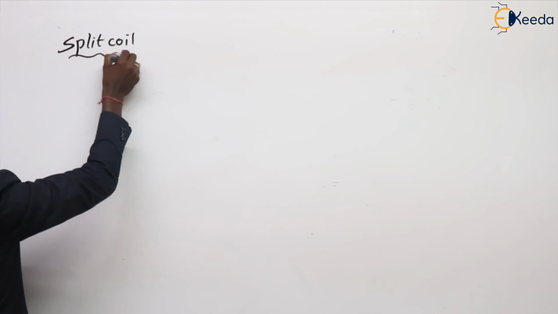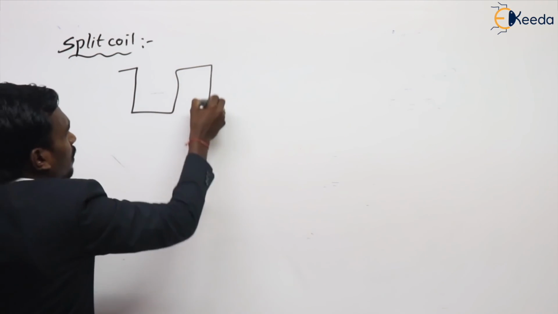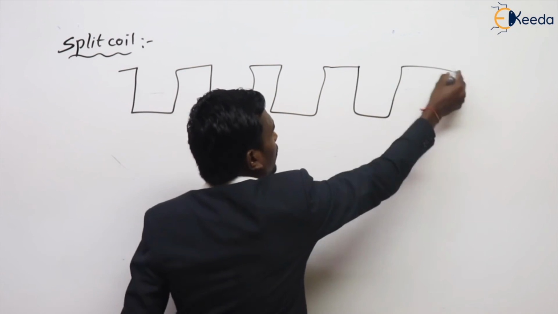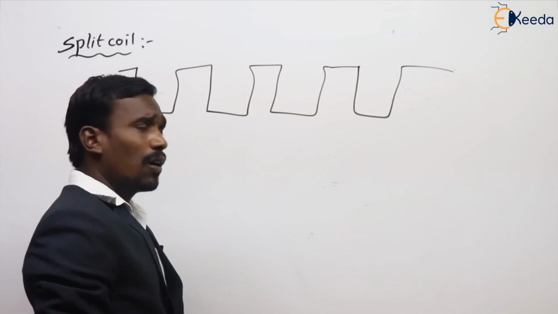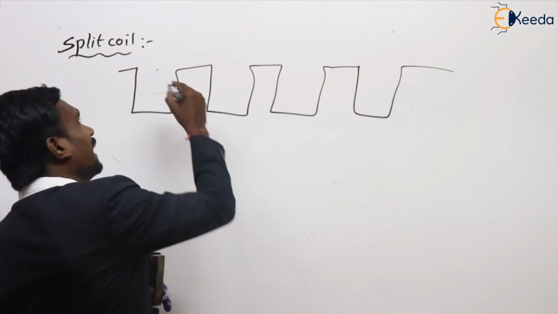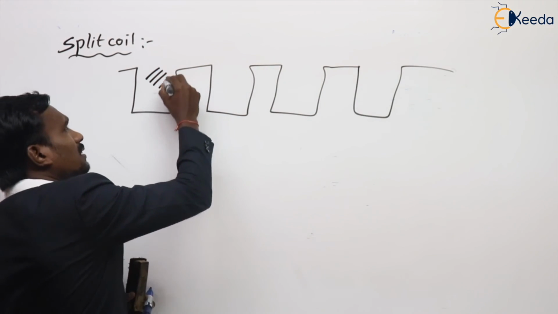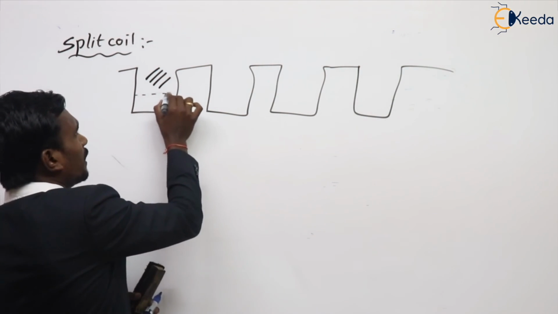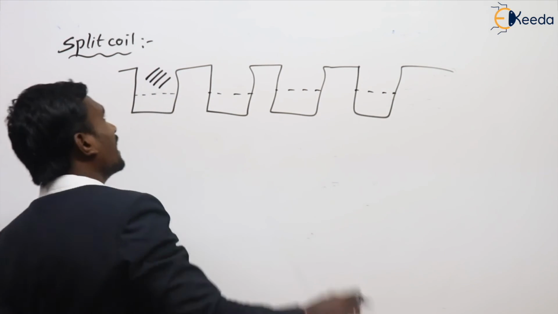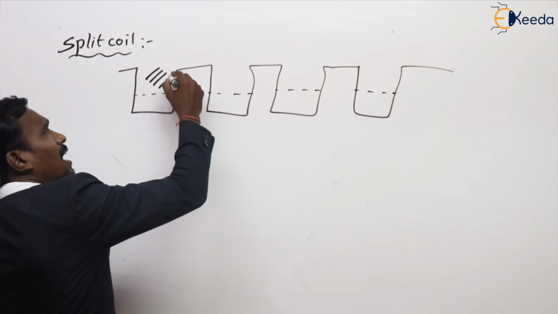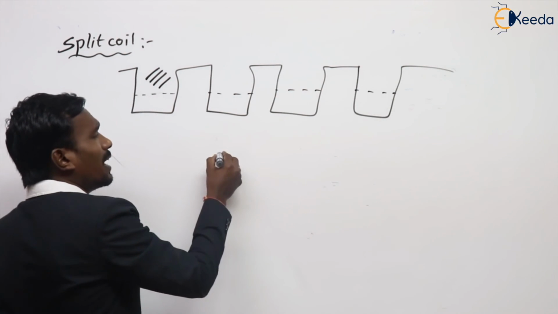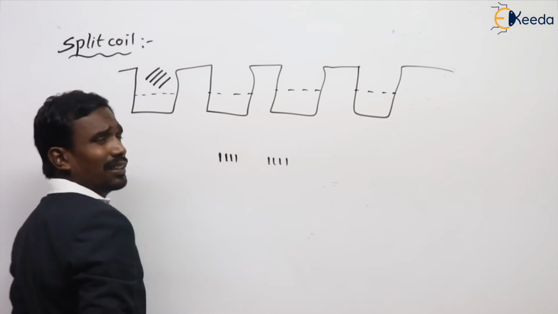Here, split coils are nothing but, for example, we have a number of slots for this. For example, one coil side is placed in one slot. Actually, we have a double layer winding, like this. One coil side conductor is placed under one slot and another coil side conductor. For example, my coil side has 4 conductors on each slot, each side.